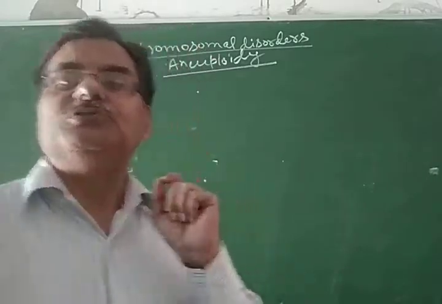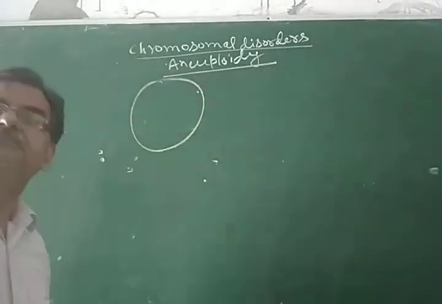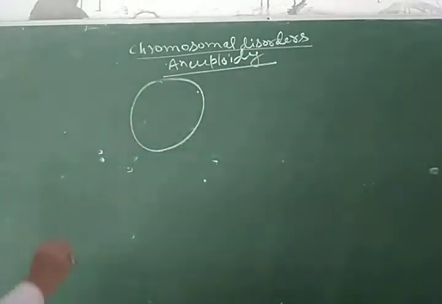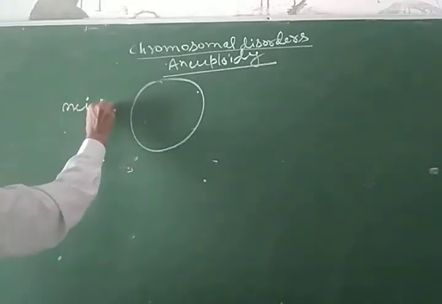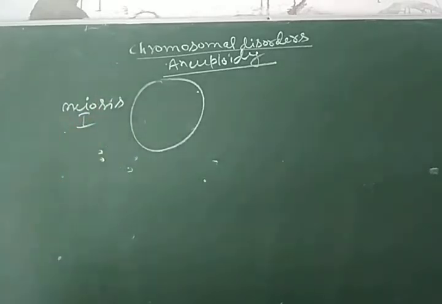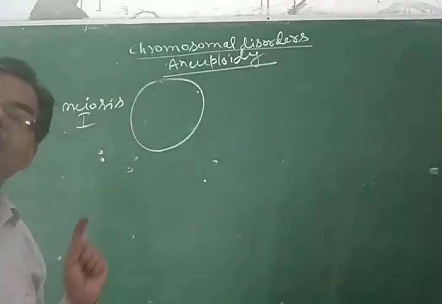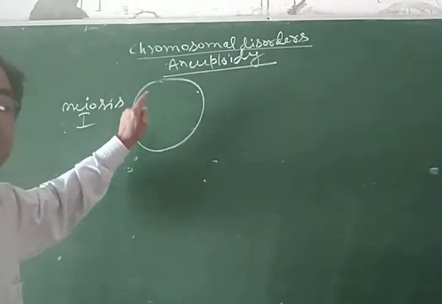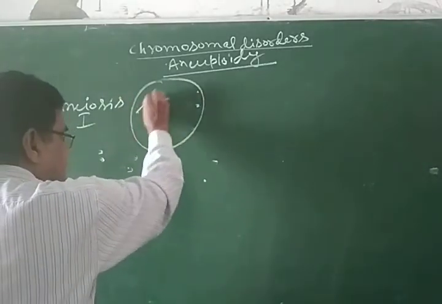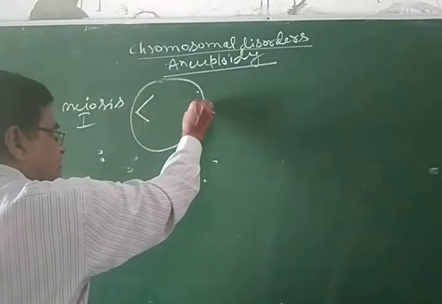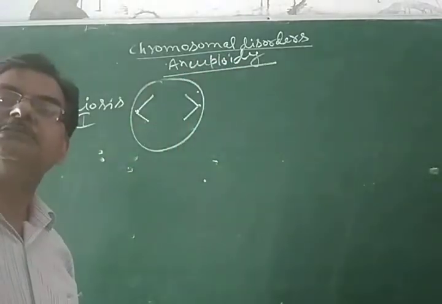Now, suppose this is a cell, and this cell is undergoing cell division. Suppose this is the anaphase stage of meiosis first. We know that in the anaphase stage, the chromosomes segregate and move towards opposite poles.